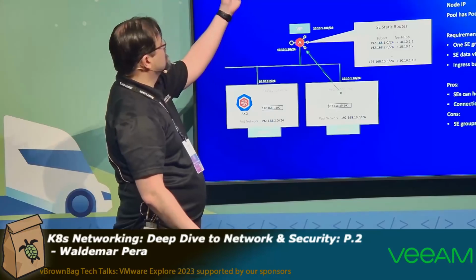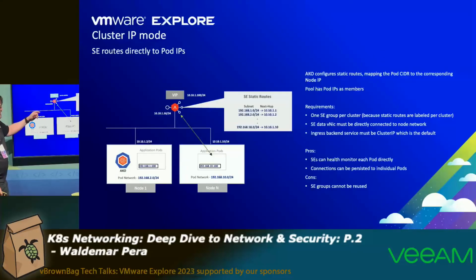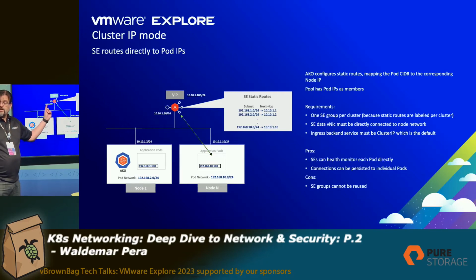Second option, ClusterIP. In that case, you see the pod. The IP of the pod is seen by the network routing, so I can go directly to the pod. The problem is I need to use IP routing.